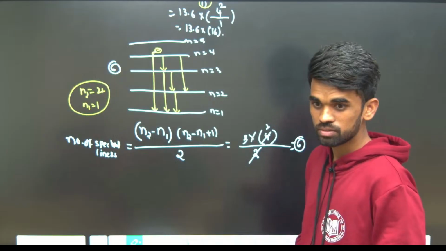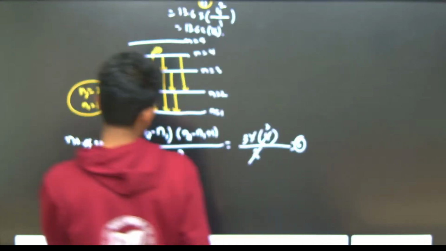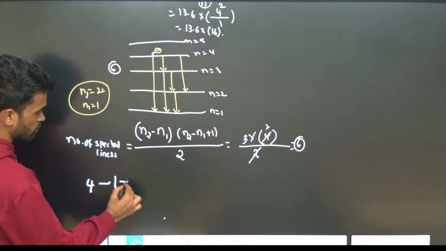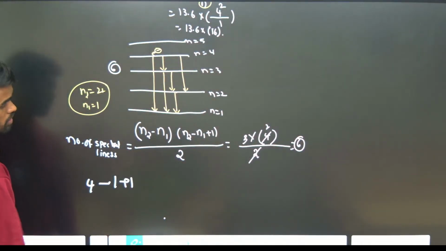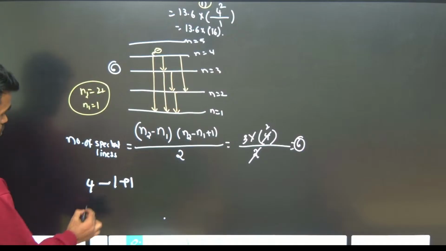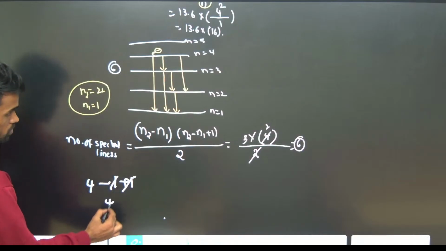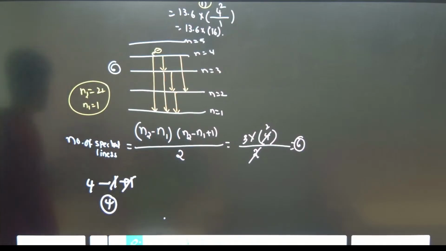Sir, BODMAS rule: first addition, then subtraction. So 4 minus 1 plus 1, 4 only, no? 4 by 2. Why are you getting a different answer? Is that clear or not?